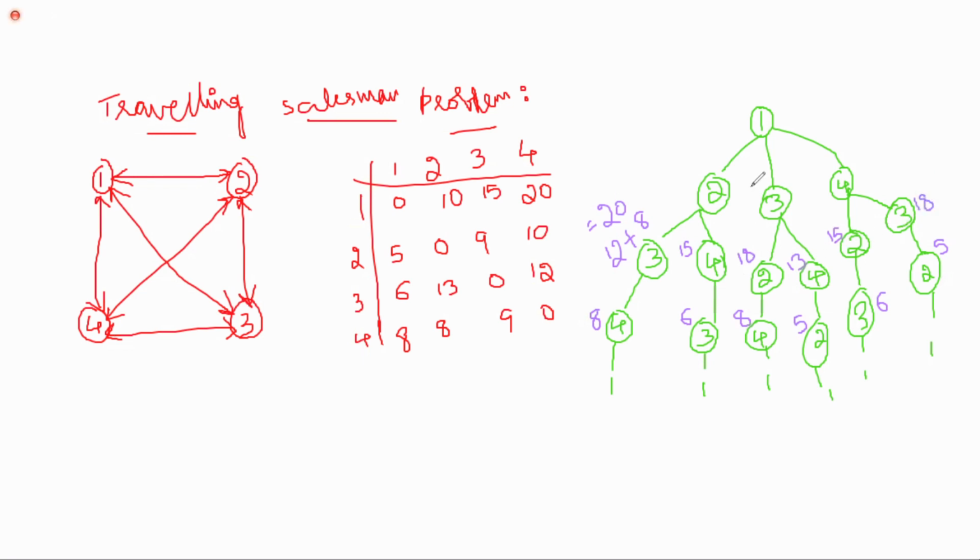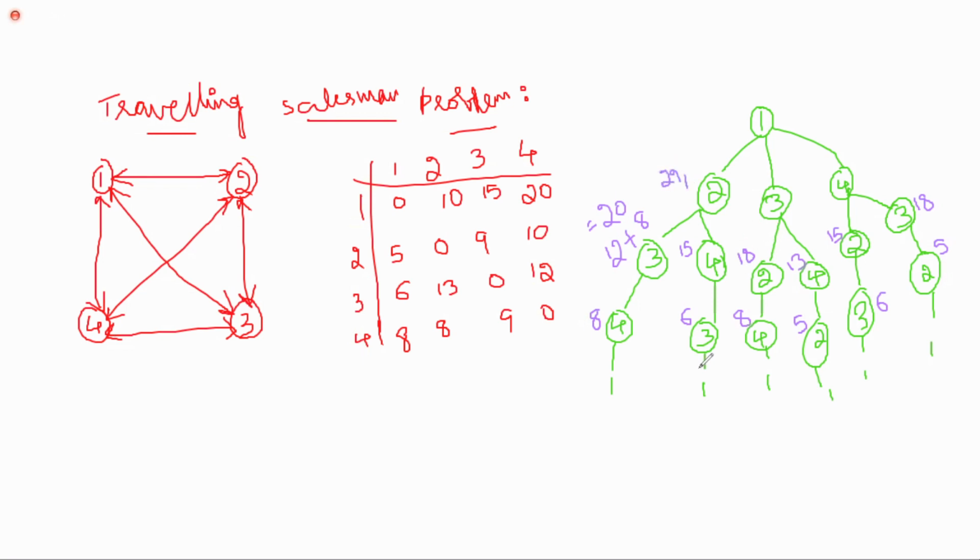Next, we'll come back here. 2 to 3, what is the cost? 9. 9 plus 20 is 29. Is 29 the only way, or do we have another way?